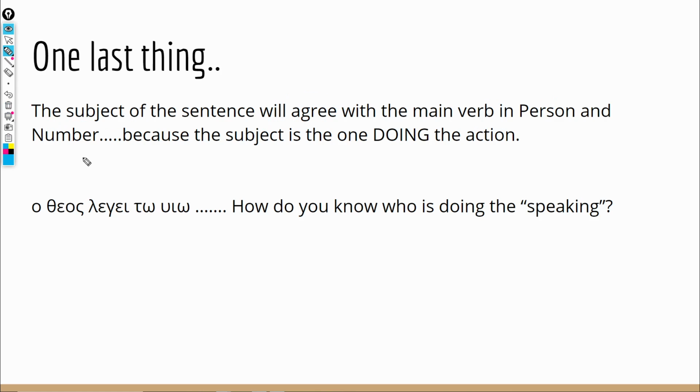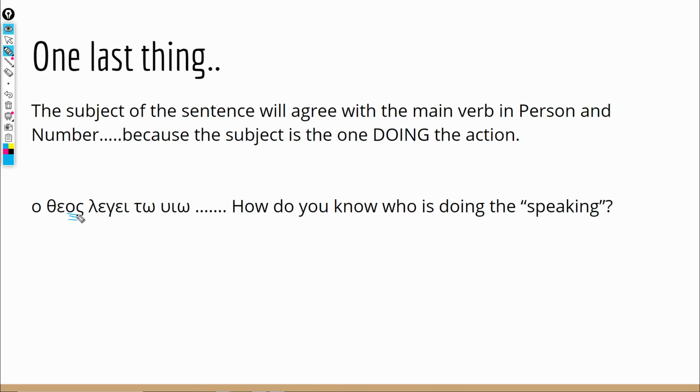What I mean by that is you need to identify the subject of the sentence, right? And then you will automatically know that the main verb in that sentence will be the same as the person and number of the subject. So let me give you an example. In this sentence, we see os, ho, theos, so the God, or we just translate this as God.